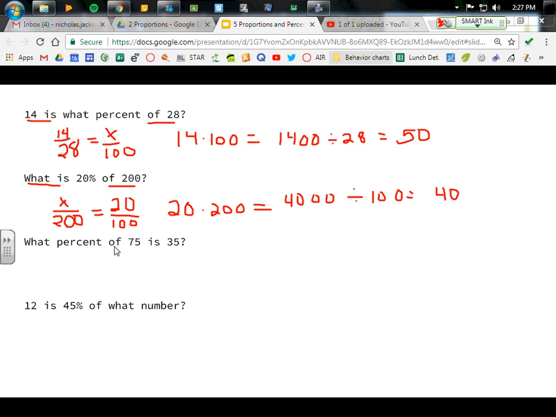What percent of 75 is 35? So 35 is our part, 75 is our whole, and we're looking for our percent. So we write 35 over 75 equals x over 100. We cross multiply 35 times 100, which will give us 3,500.